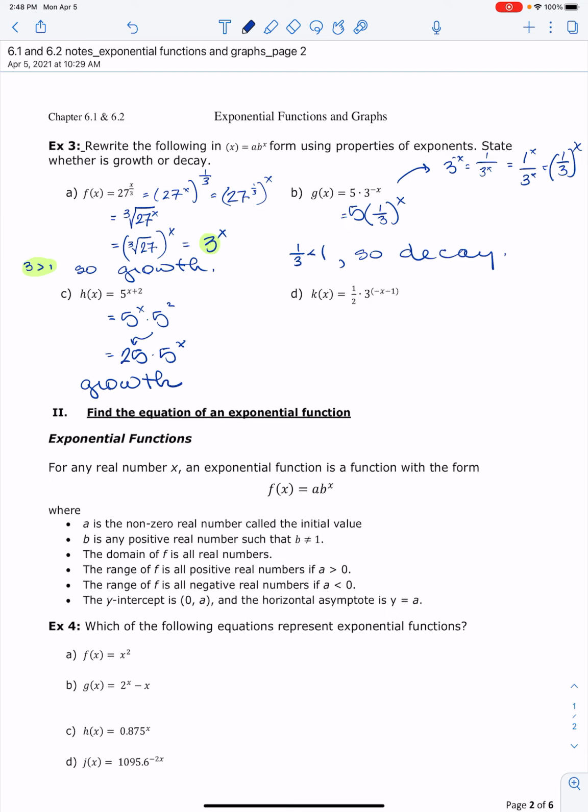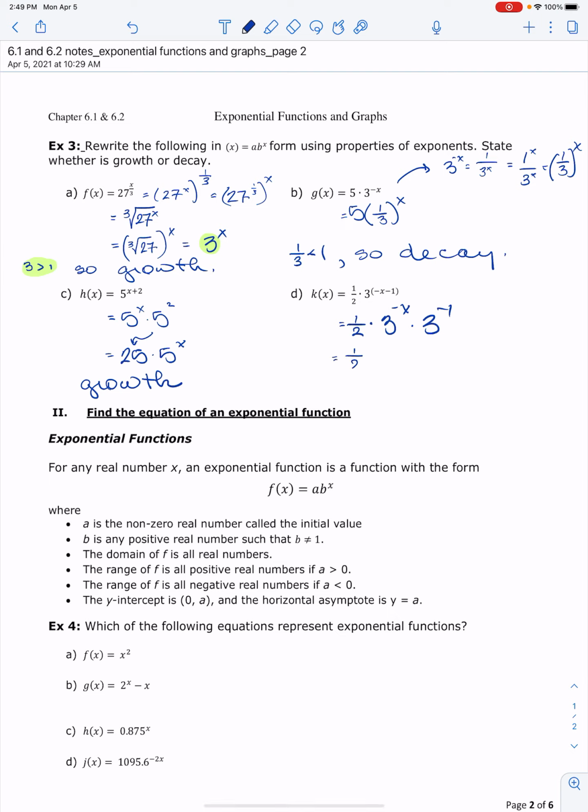K of x equals 1/2 times 3 to the negative x minus 1. Whole lot to unpack there. So I'm going to see if I can do this in pieces. I've got 3 to the negative x times 3 to the negative 1. Negative x plus negative 1 gives me that minus x minus 1 that's in that exponent.